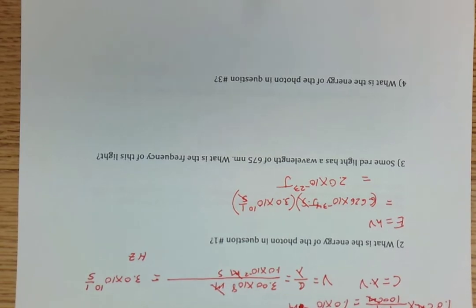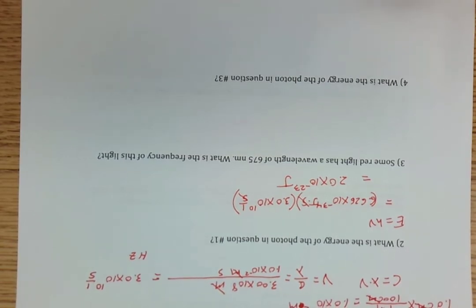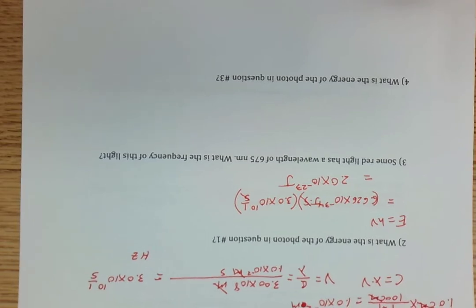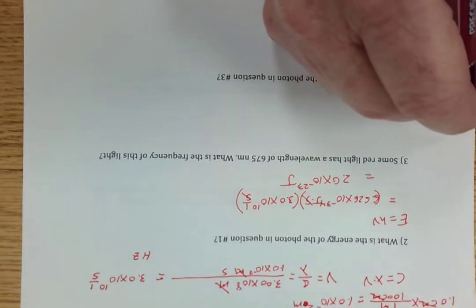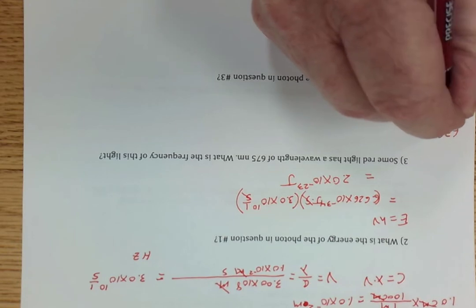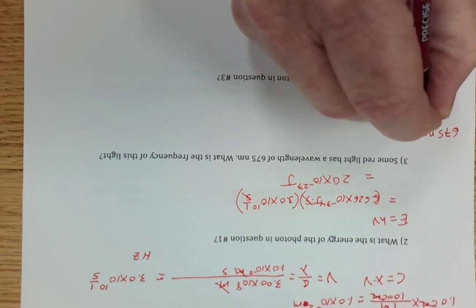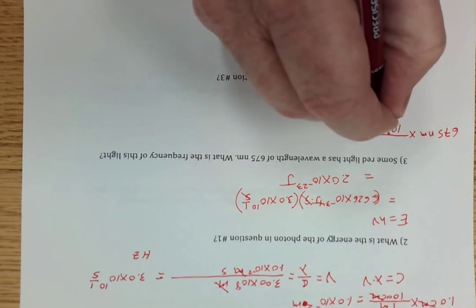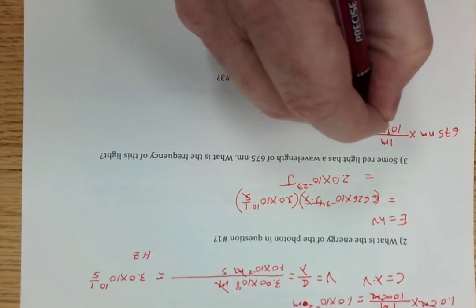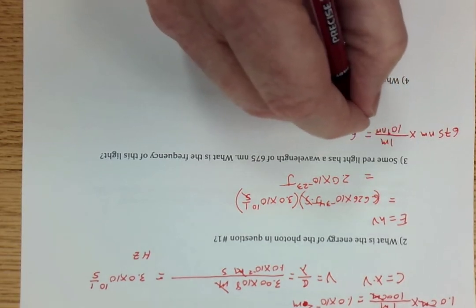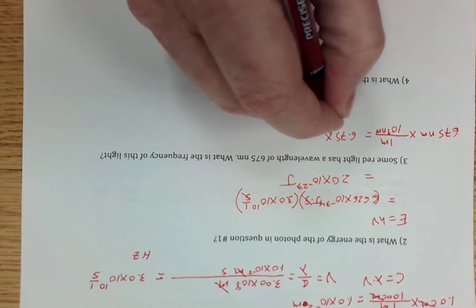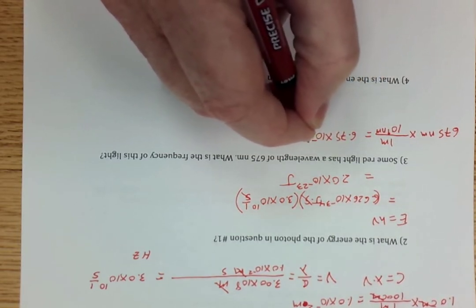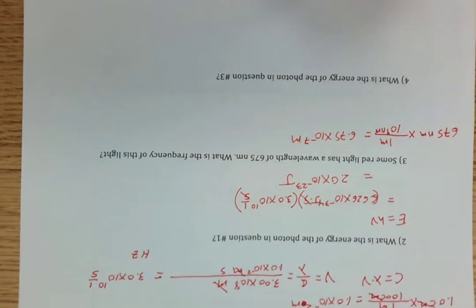All right, so now, some red light has a wavelength of 675 nanometers. What's its frequency? Well, let's get it into a convenient unit. 675 nanometers times, and we know there are 10 to the 9th nanometers in 1 meter, which equals 6.75 times 10 to the negative 7th meters.